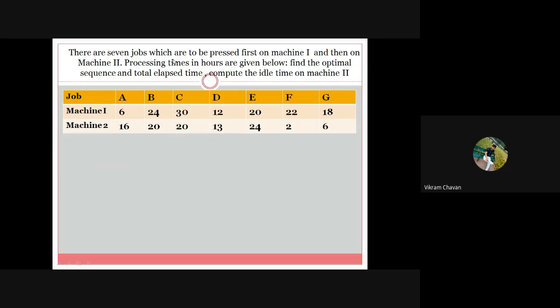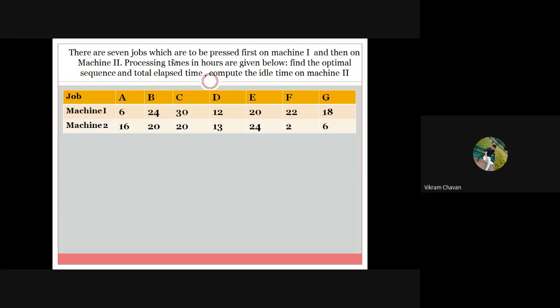There are 7 jobs which are to be processed first on machine 1 and then on machine 2. Processing times in hours are given below.